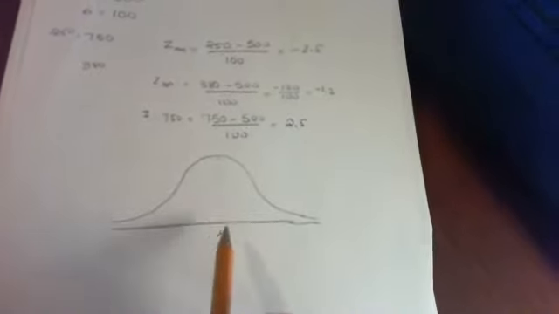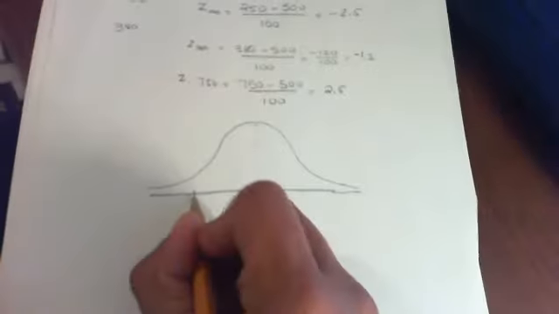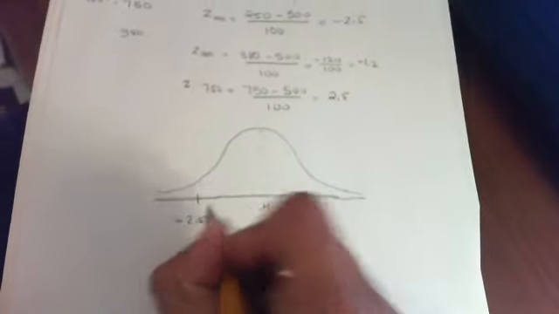Alright, and we get the probability score of, I'm sorry, .5 here, a negative 1.2.